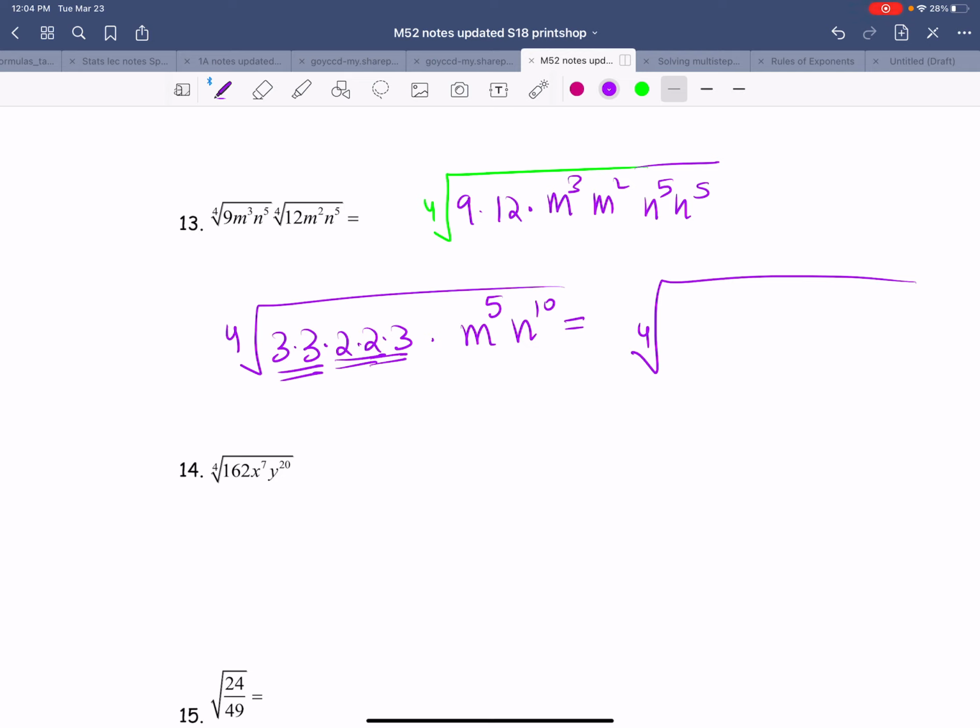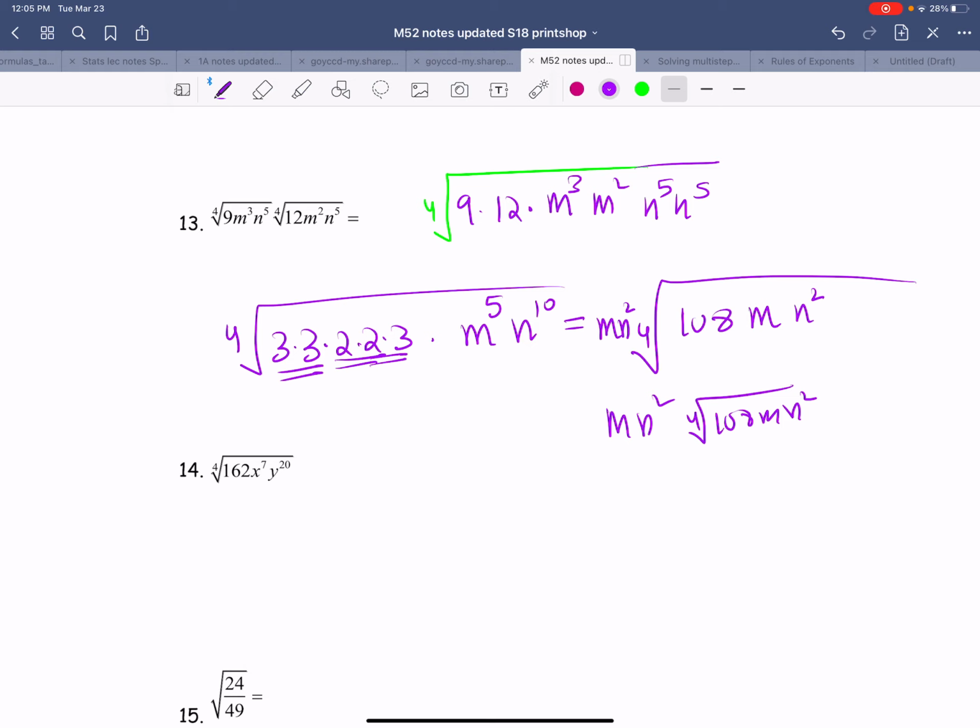So that means they're just going to be stuck inside. 3 times 3 times 2 times 2 times 3, that would be 9 times 4, 36, 108. That will be 108. And I have 5 m's inside. I can pull 1 m out and 1 m will be stuck inside because I'm looking for 4 m's. I have 10 n's inside. I would be able to pull out 2 n's and 2 n's will be stuck inside. So m n squared, 4th root of 108 m n squared is what I'm left with.